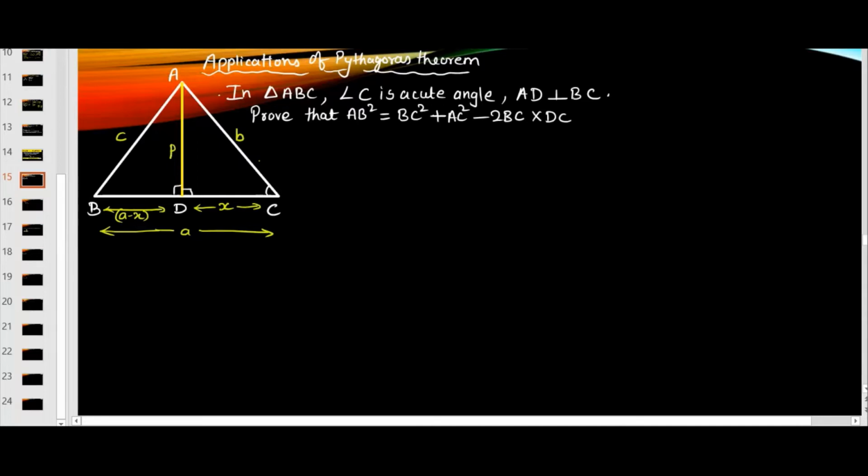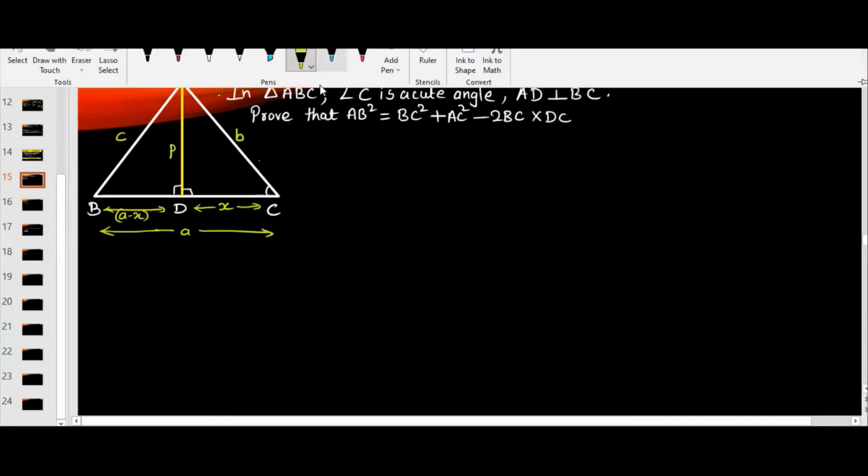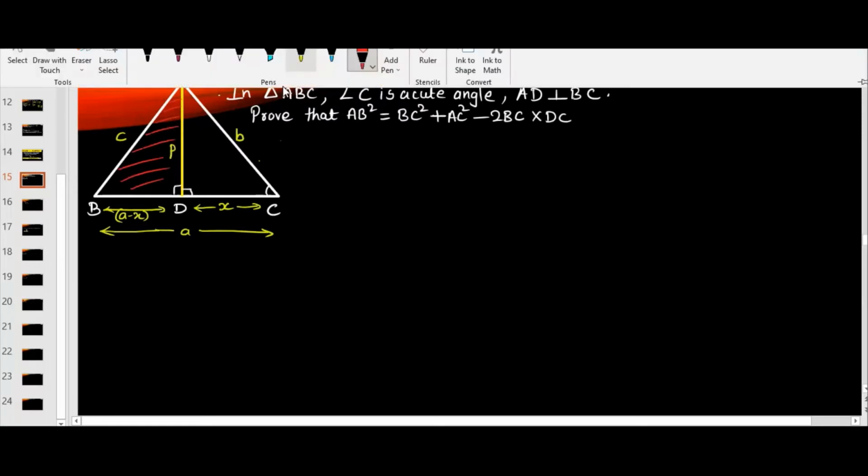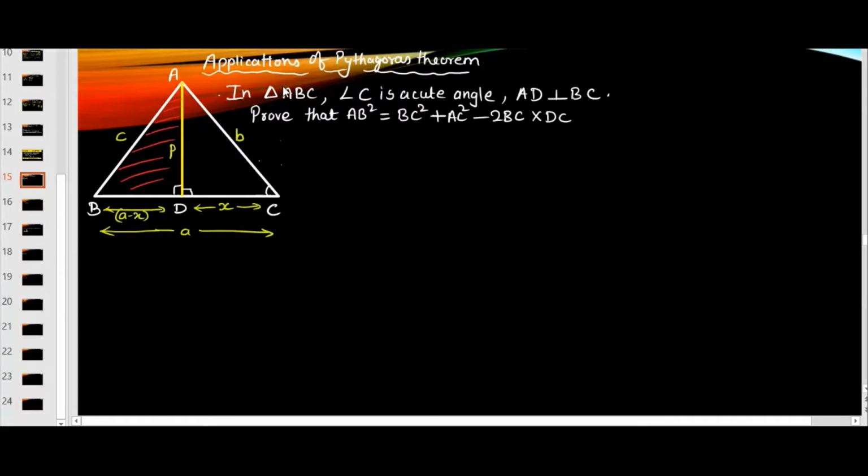Okay, so let us write Pythagoras theorem for this triangle. Let me just shade this part. Let me write the Pythagoras theorem for this right angle triangle. The diagonal length, the hypotenuse, is AB. So I can write C square is equal to the other two sides, that is P square plus A minus X whole square.